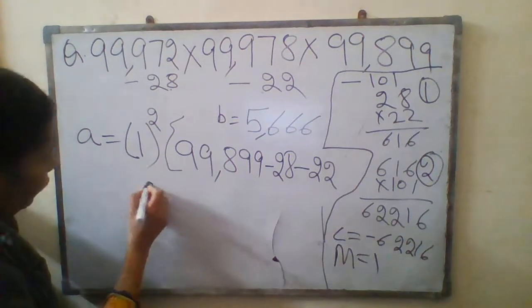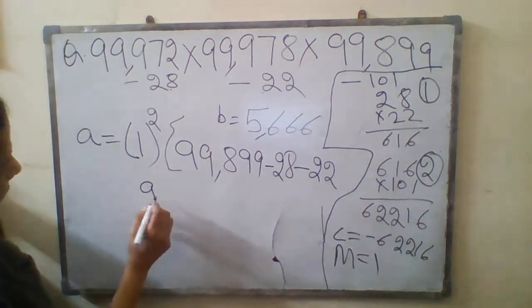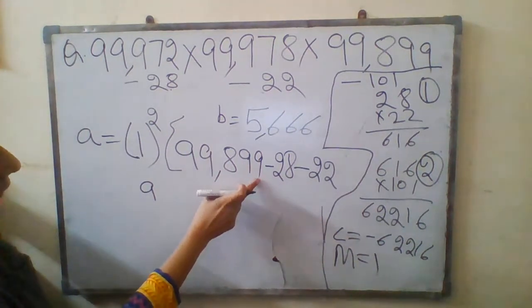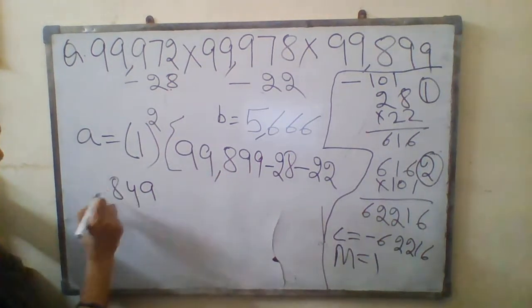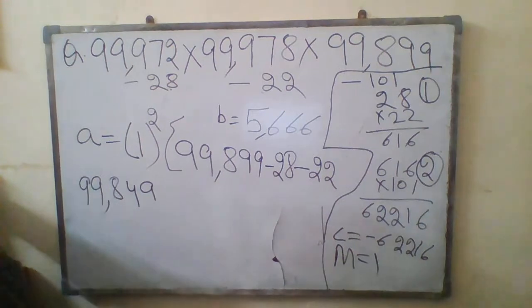So what will you get here? 9, then 9 minus 5 is 4, then 8, then 99. You will get this, and you have to do this in your mind itself. When you subtract this, you will get this. Now this is the value of A. I am going to write down the value of A also.